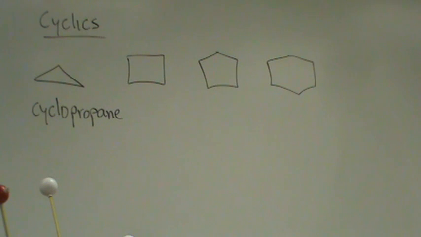And I'm willing to bet that you can name the other 3. What's the next one? Cyclobutane. What's the next one? Cyclopentane. And what's the next one? Cyclohexane. And you can keep going.